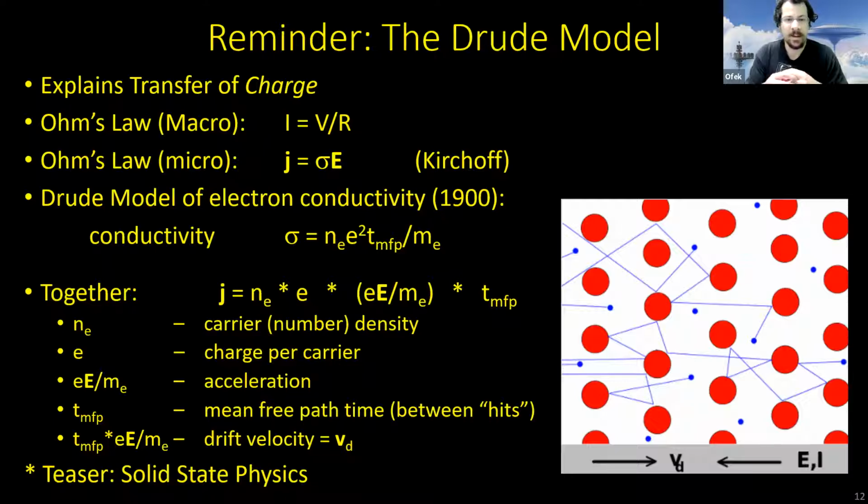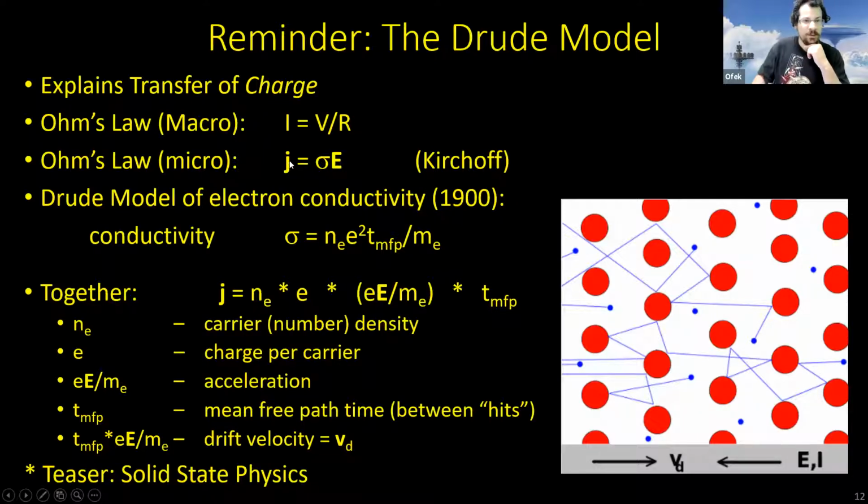Microscopically, that can be described with Kirchhoff's microscopic version of Ohm's law, which is that at every point you have some conductivity sigma. If you apply an electric field E on that material or through that point in space with some matter with conductivity sigma, you'd get a current J. In the simplest cases, sigma is just a scalar, just a number.